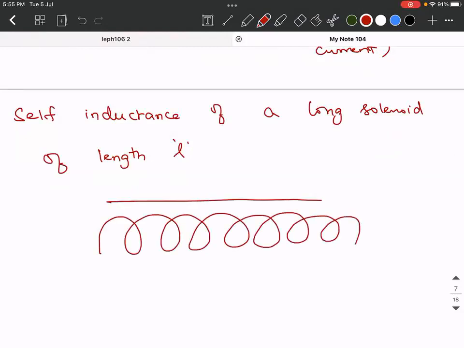Okay, let's say the solenoid is of length L. The number of turns be capital N, and small n be the number of turns per unit length.